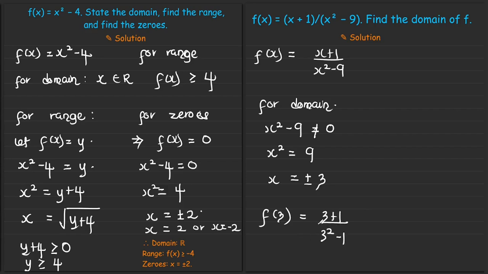The same applies to negative 3, which also gives us 0 in the denominator, which is undefined. So we conclude by saying that the domain is all values of R, but x should not be equal to 3, neither should it be equal to negative 3. So these two values are excluded from our domain.